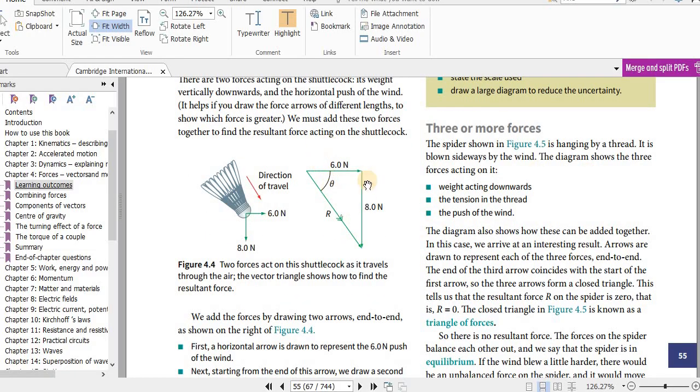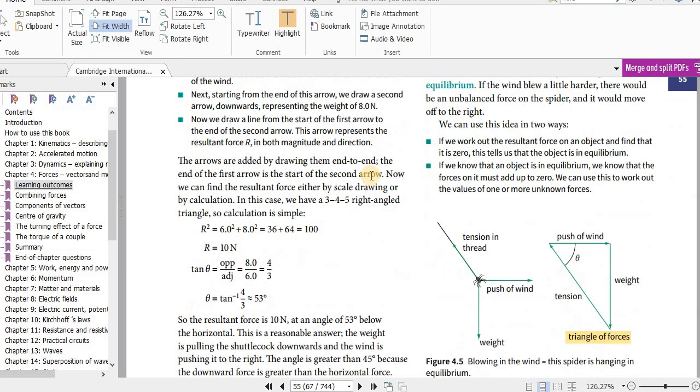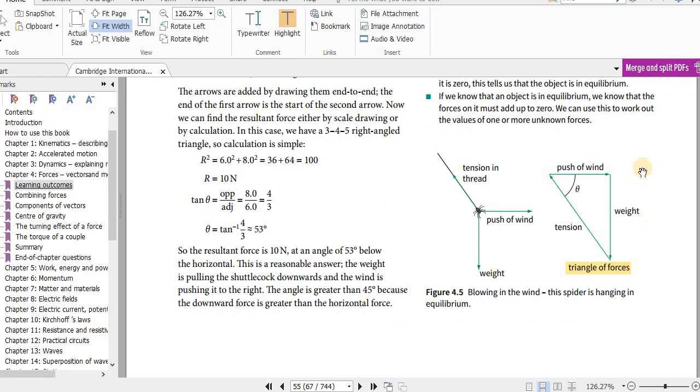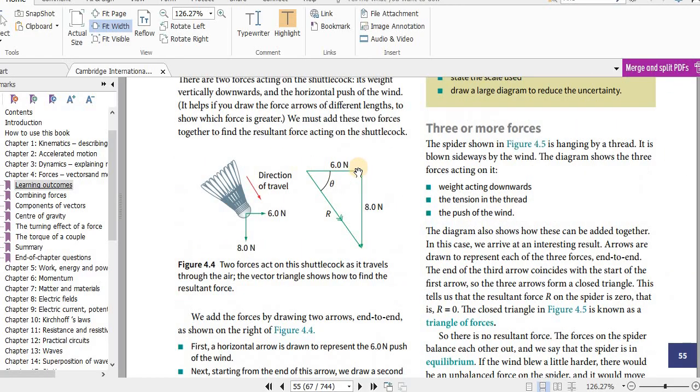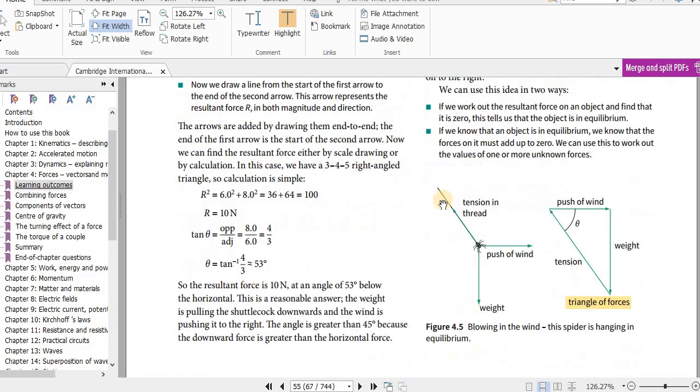Okay, so this is the case with 2 forces. Now you can do something like that even with 3 forces. You do the same thing. Join the tip of one arrow to the tail of the other arrow with all the arrows representing forces that are given. Then if there is a gap, that gap is filled by the resultant force.